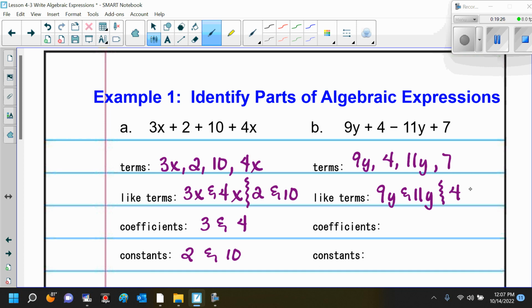Right, and the constants, 4 and 7. Those are also like terms because we can put numbers together. The coefficients are what? The coefficients are 9 and 11. Very good, 9 and 11. And the constants are 4 and 7.